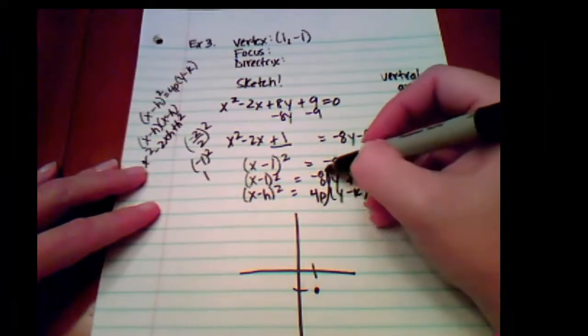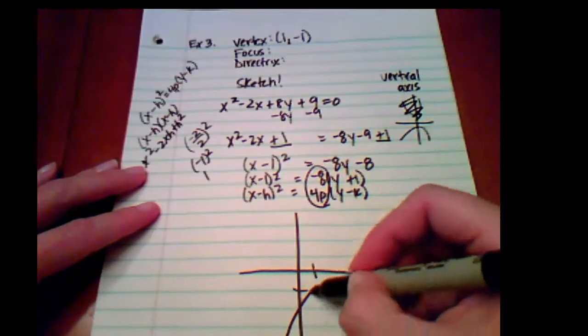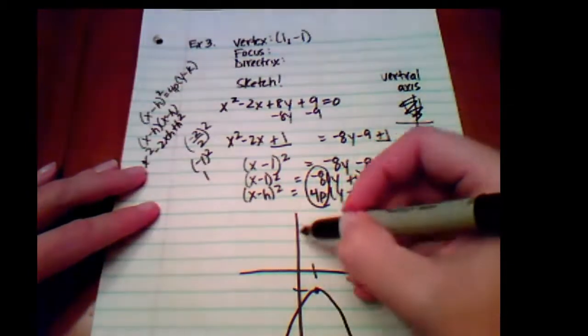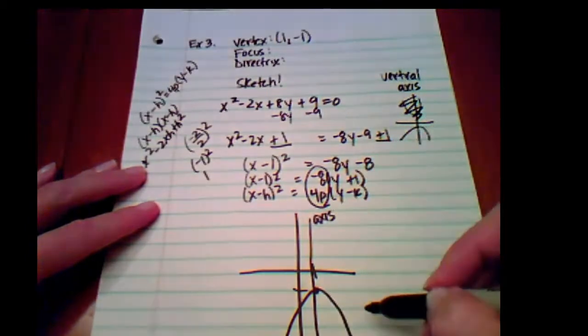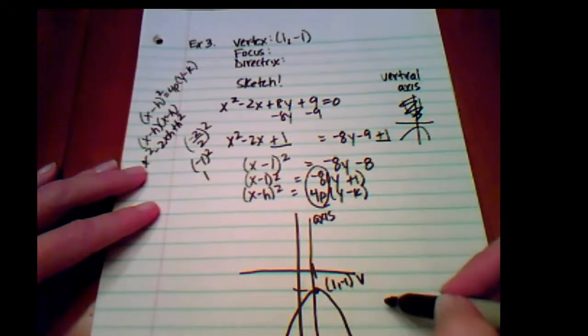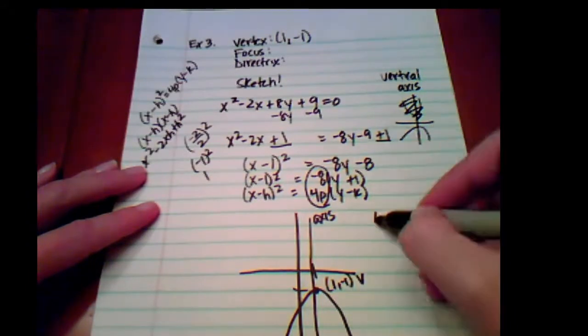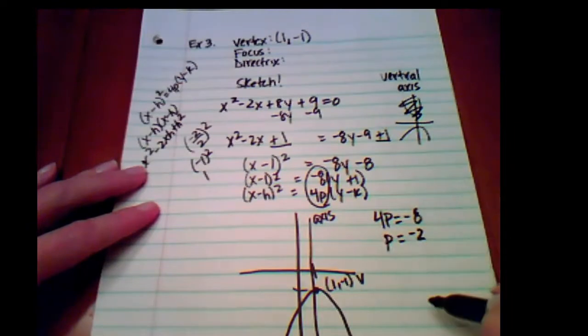Because my p is negative, this parabola is going to open downward. Now this was my axis, the vertical axis of the parabola. So again, (1, negative 1) is my vertex. If I take 4p and set it equal to negative 8, that p distance is negative 2.